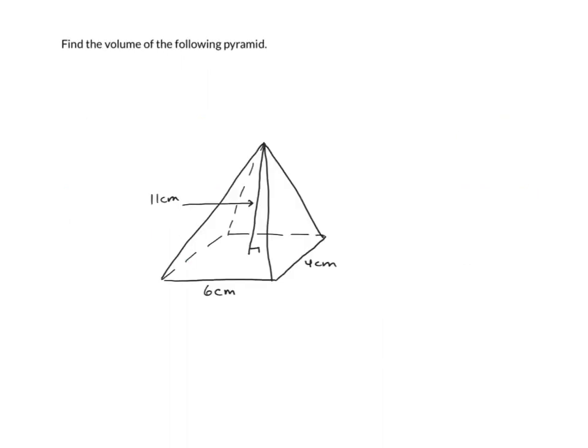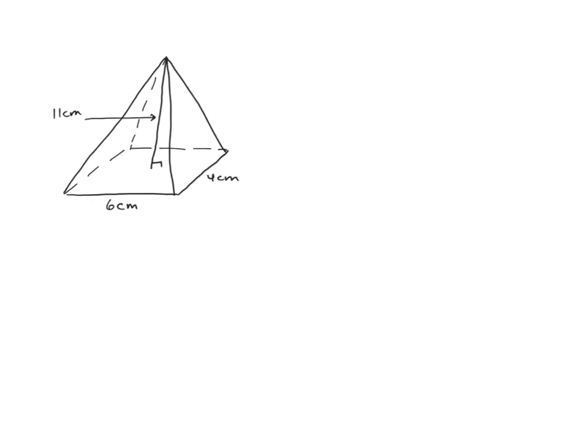All right, let's talk about the pyramid now. Recall that we're just going to find volume on this one. Our formula for volume is 1/3 capital B times H. So the first thing we need to do is find capital B. Remember, capital B is the area of the base.